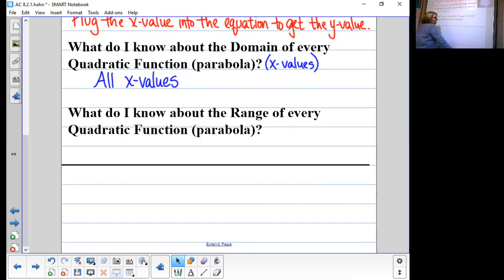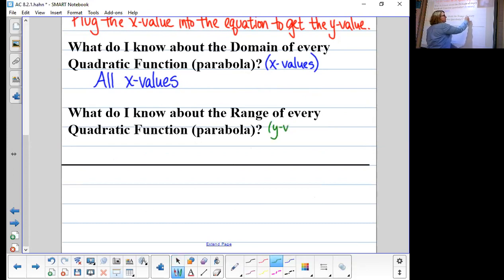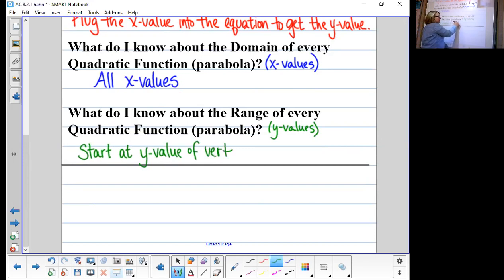No, because remember the range is all of the y values. My parabolas always either have a lowest point if they're opening up, or, in the case of the water balloons, when they were upside down, they had a highest point. So your y values are always going to be restricted, and they're either going to start at the y value of the vertex and go up, so that's when your parabola is right side up.